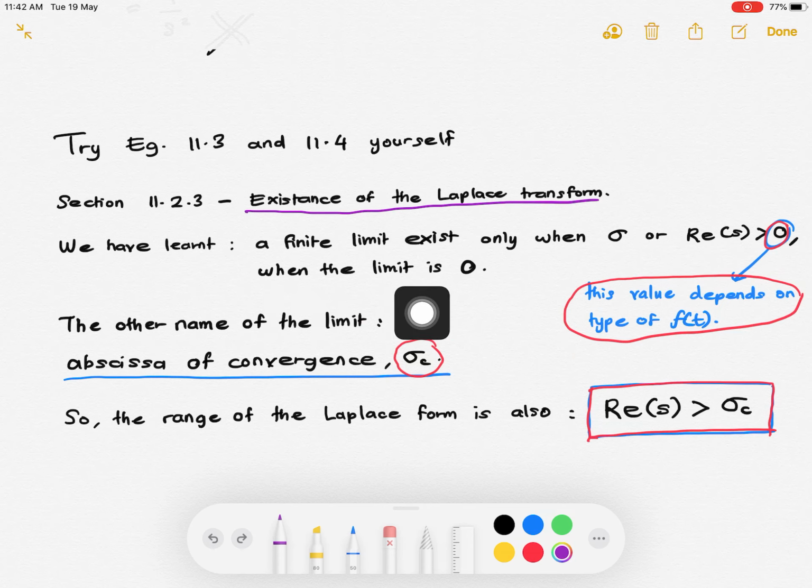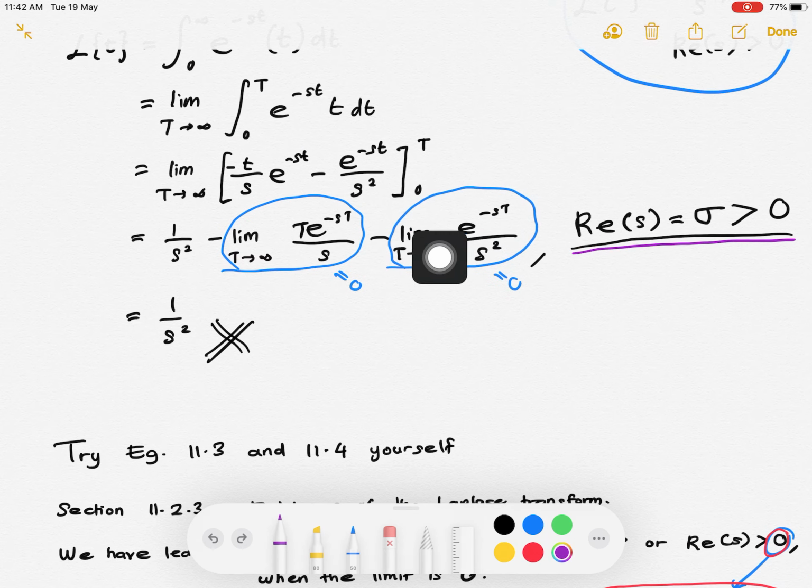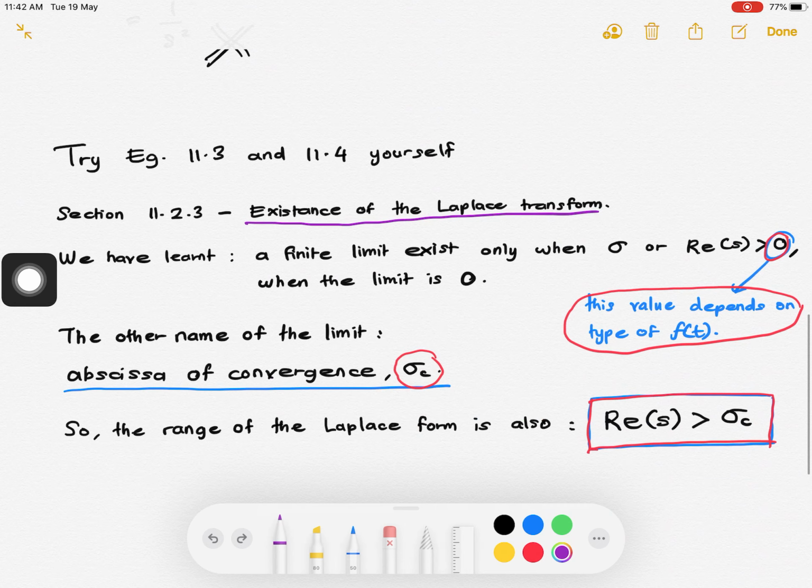So when the limit is 0, that means these two components will be 0. Okay, but this 0 value is not always 0. This value depends on the type of function.